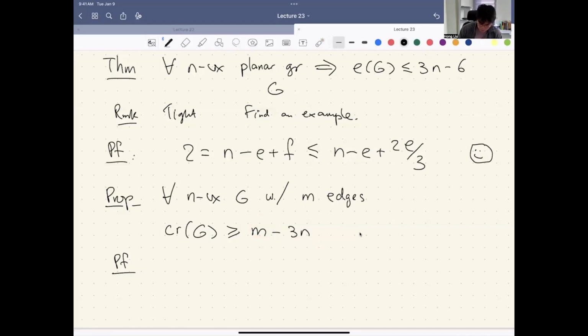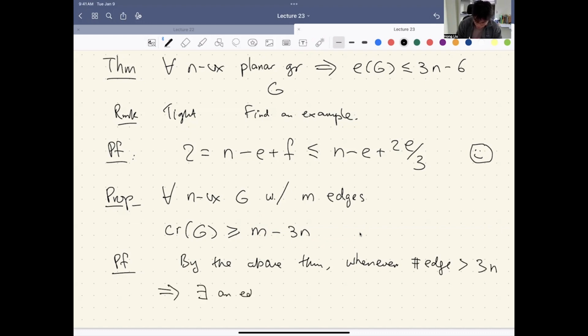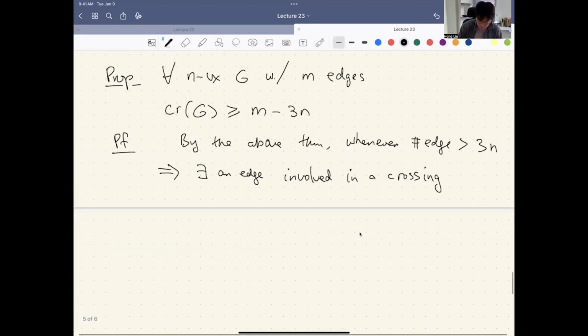So let me write it down. By the above theorem, whenever the number of edges is bigger than 3n, there exists an edge involved in a crossing. Okay. Keep removing such edges. That's it.